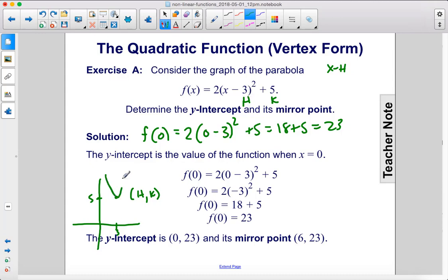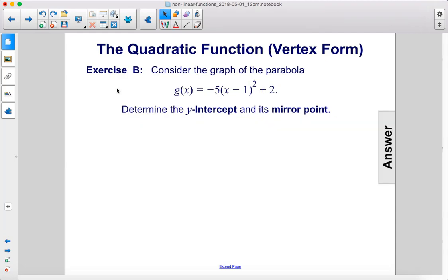So this looks something like this. It intersects the y-axis all the way up here at 23. Now our axis of symmetry is at 3, so if we want to mirror this point over here, we take our axis of symmetry, 3, and double it, because this will be over at 6, 23. So that's how we solve for the mirror point.